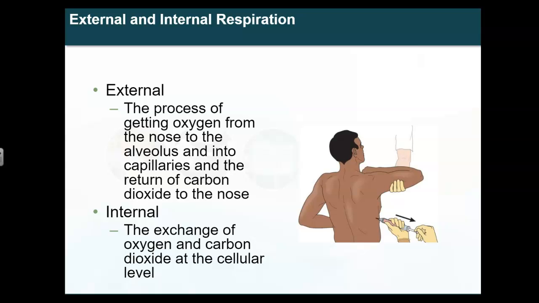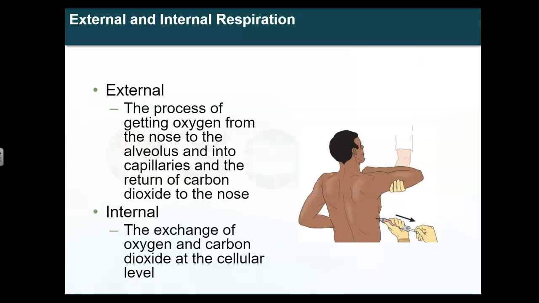At the same time that this is happening, oxygen from the alveolus is circulating through the body to every cell. The oxygen enters the capillary surrounding the alveolus, then it circulates through a venule, and then a vein, and then back to the heart, out an artery, to an arteriole, and into a capillary next to the tissue cells.